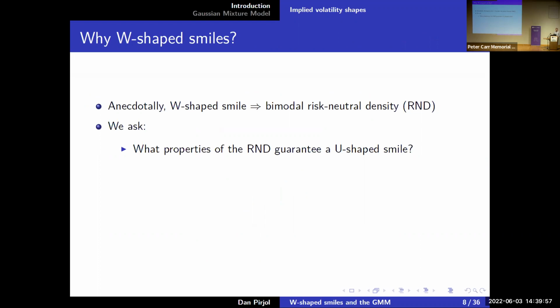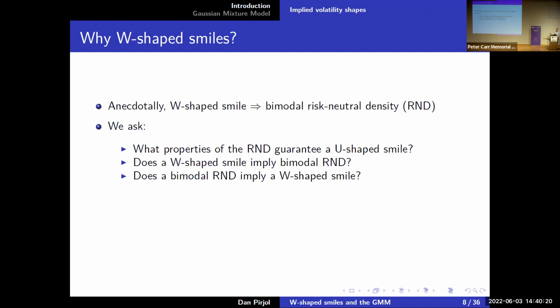So we investigated this in more detail, asking the following questions. What properties of the risk neutral density guarantee a normal or U-shaped smile as it is in the regular market periods? Does a W-shaped smile necessarily imply a bimodal risk neutral distribution? And vice versa, does a bimodal risk neutral distribution imply a W-shaped smile?